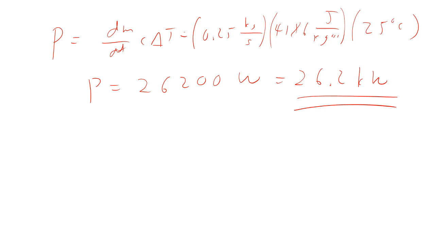In fact, that's so much power that it's an unrealistic current for a residential home without special wiring. So your solution is you don't change the temperature by as much, so you don't have as hot of water coming out. Well, for a lot of people, that's not a very happy solution. The other solution is that you don't have as much water coming out per second.